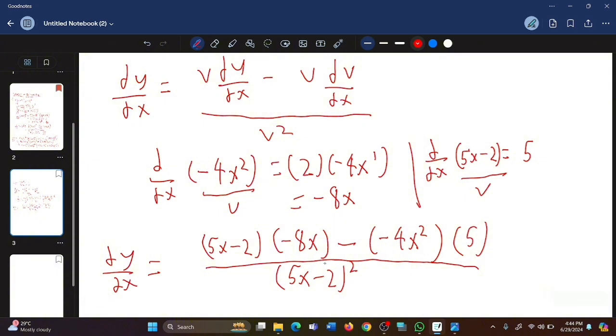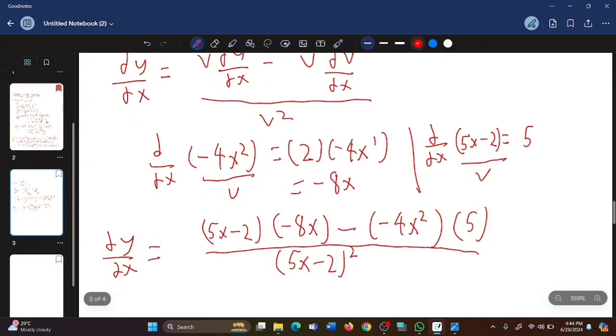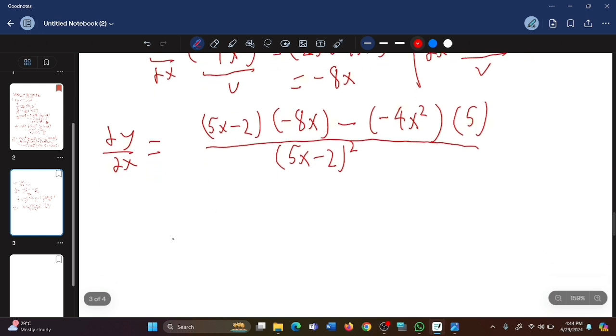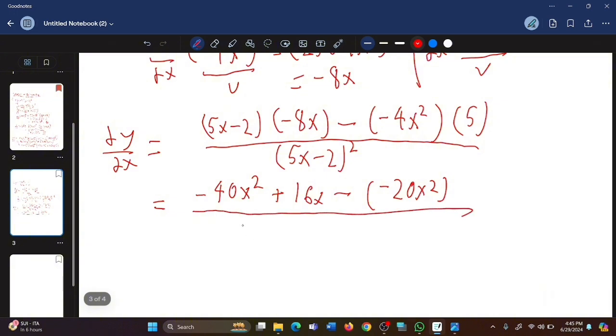Now we just have to simplify this equation to get dy by dx. Let's simplify. If you multiply minus 8x with 5x, it becomes minus 40x squared. Then if you multiply minus 8x with minus 2, it becomes plus 16x, as minus and minus combine to become plus. Then we subtract. If you multiply 5 with minus 4x squared, it becomes minus 20x squared, over 5x minus 2 whole squared. Now let's again do some simplification.